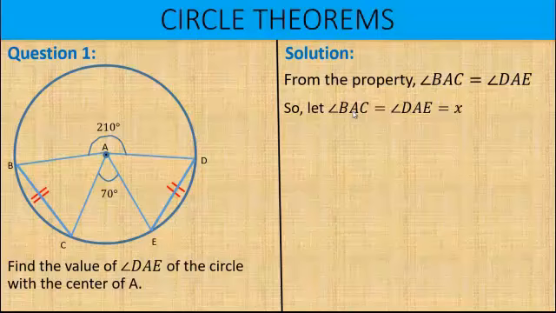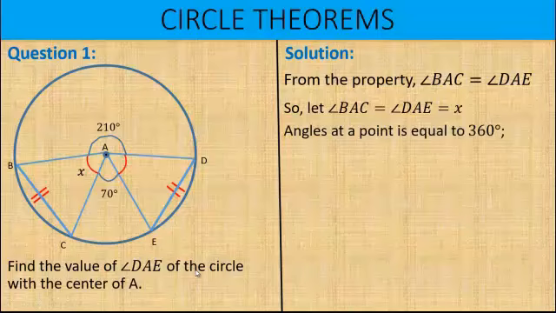So we are letting angle BAC and angle DAE be x. That's the meaning. So let me represent it. Good. So angle BAC is represented with x, and then angle DAE is also represented with x.